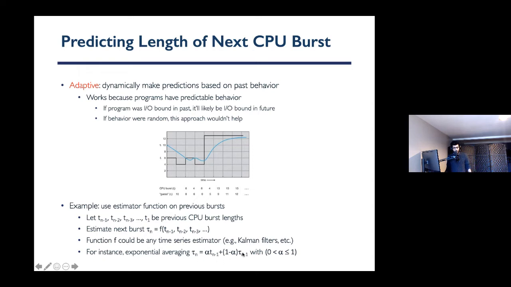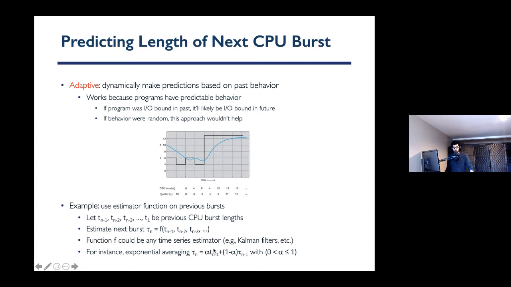But one of the simple ones that people have used is this exponential averaging with this only parameter that is just alpha. Depending on this alpha, let's say if alpha is 1, basically the prediction for the new CPU burst is what you saw last time.